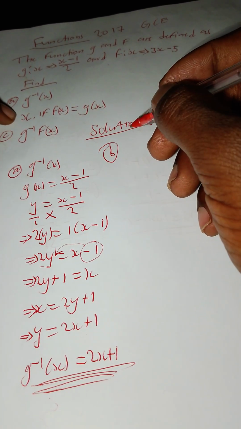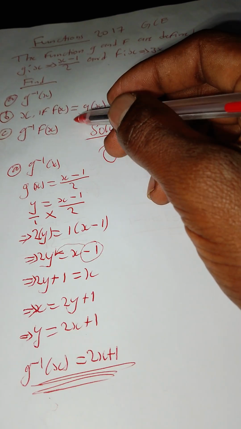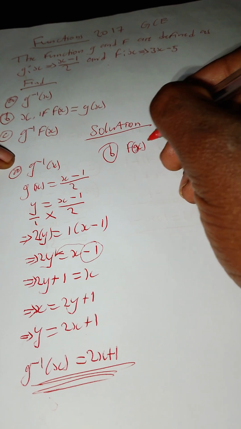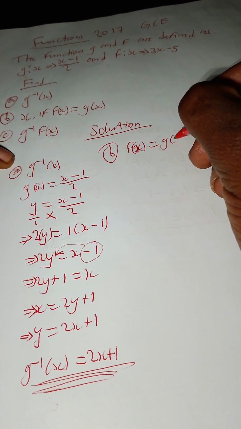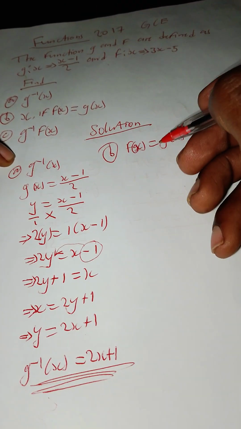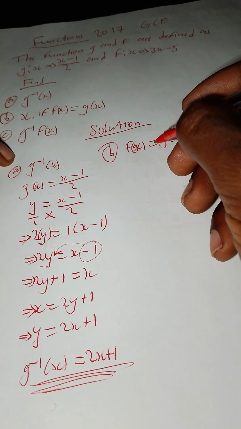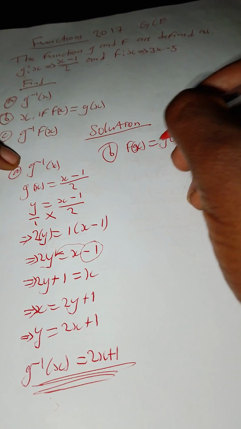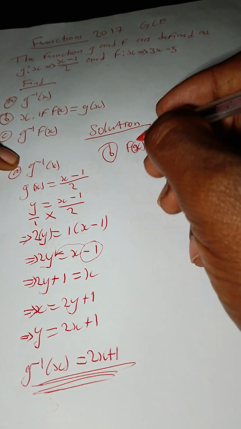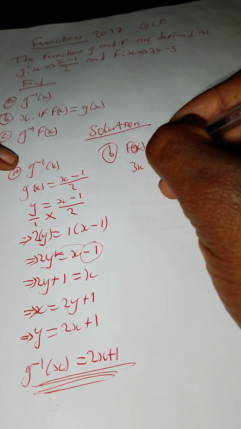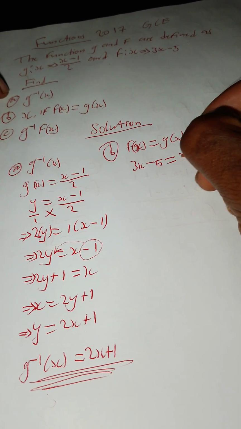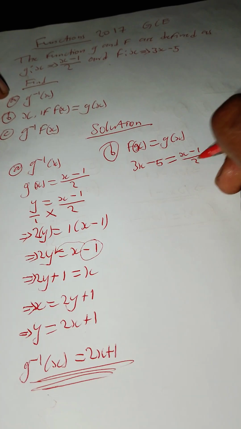They want us to find x if f of x is equal to g of x. Find x. So just bring the functions as they are, then equate them to each other. The original function of f is this one, so we are going to say 3x minus 5 is equal to the original function of g, which is (x minus 1) over 2.